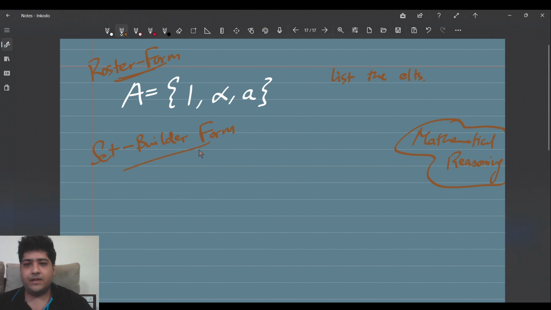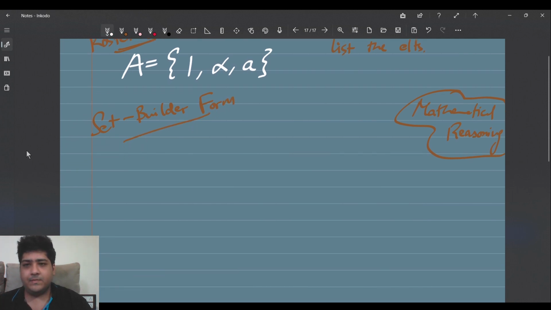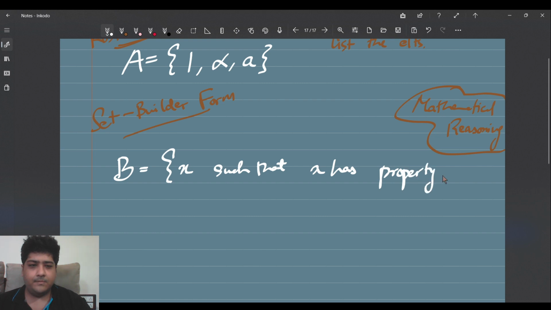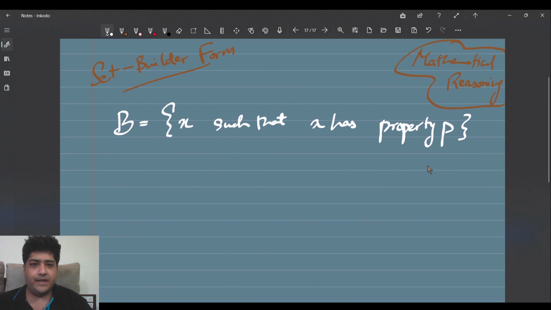I'll write abstractly what it means and then I'll explain. So say my set B I am representing in this manner. I still write down the curly brackets, but I say that the set of all x's such that x has property P. So this is very vague and very abstract now, but I'll just use a couple of symbols here.